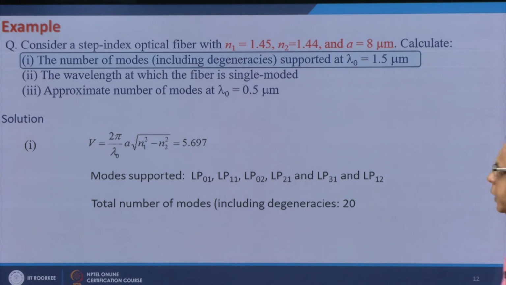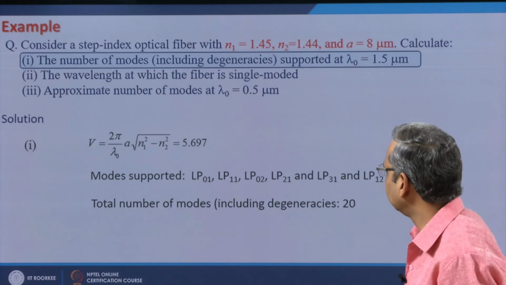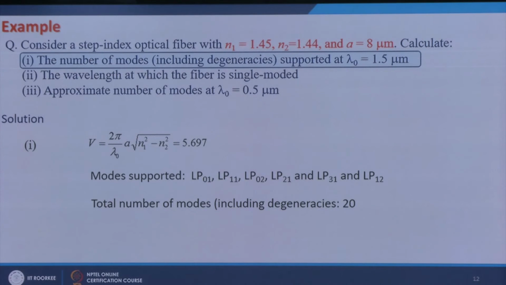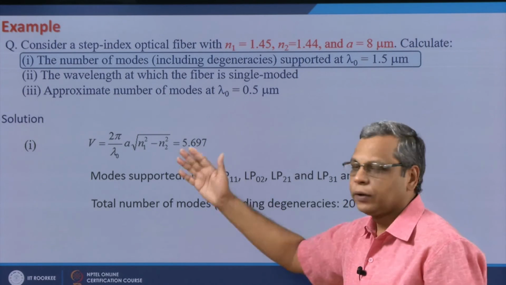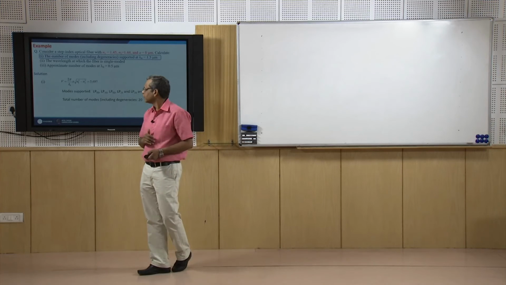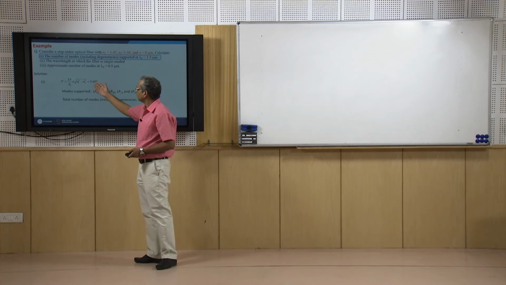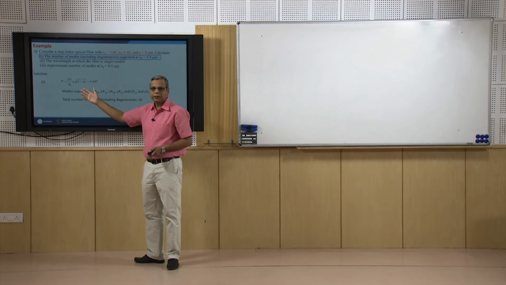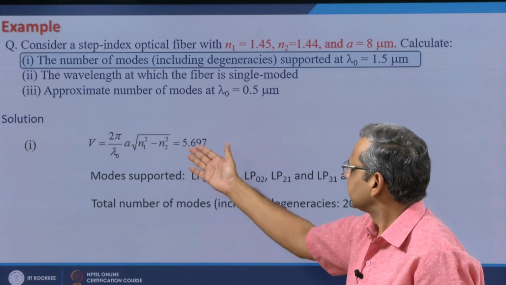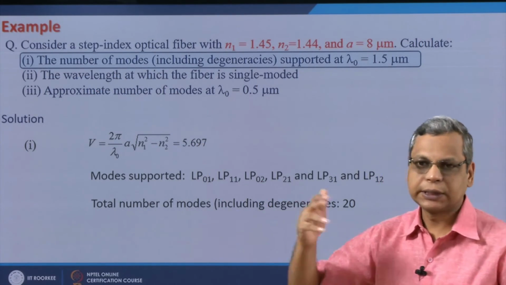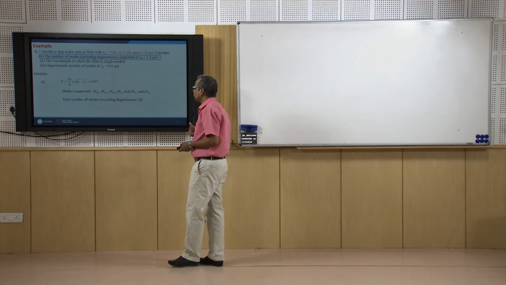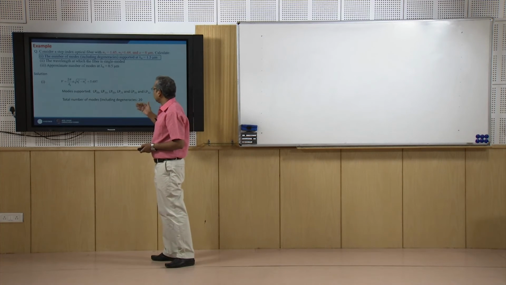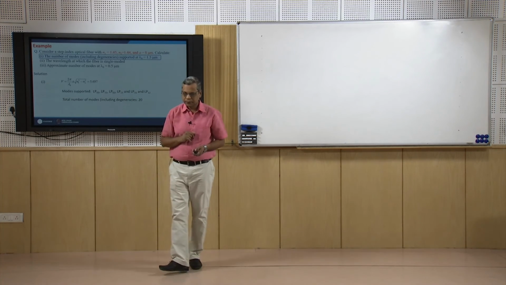So, with this value of V, the number of modes would be around 20. You can also see that if you calculate using V square by 2, V is close to 6. So, 6 square is 36, 36 divided by 2 is approximately 18. So, little more than 18 and here you are getting 20. So, they are close.